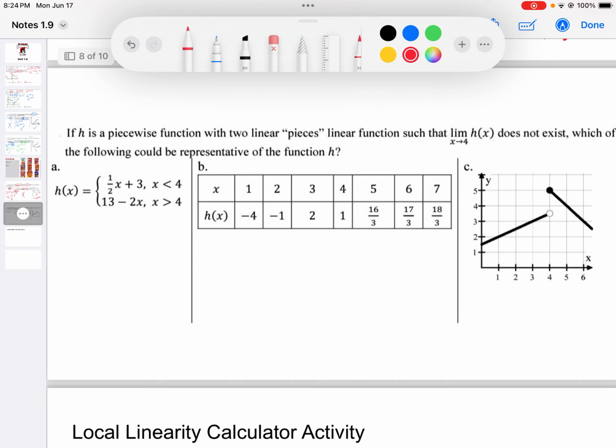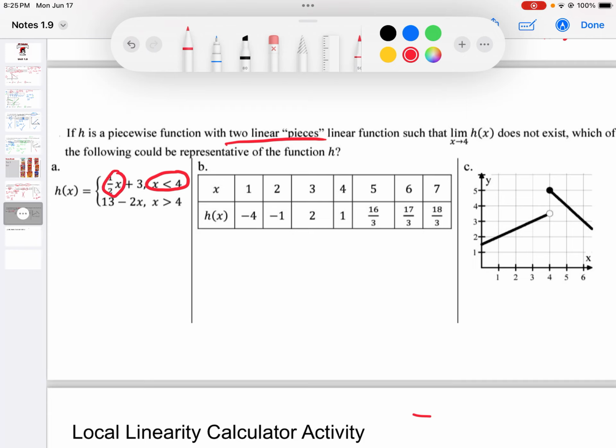All right, last one. Hopefully you're feeling more confident with these than you did at first. All right, if h is a piecewise function with 2 linear pieces, we'll see if we can confirm they're linear or not, but the limit as x approaches 4 of h of x does not exist, which could be h. Well, this looks like from the left, when x is less than 4.